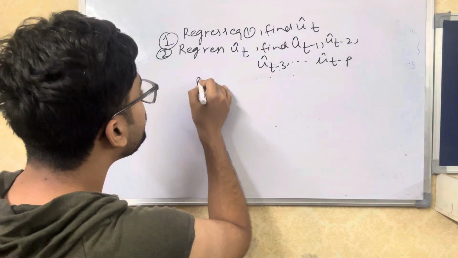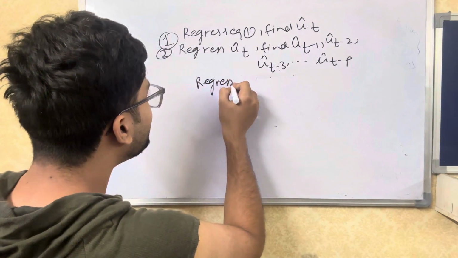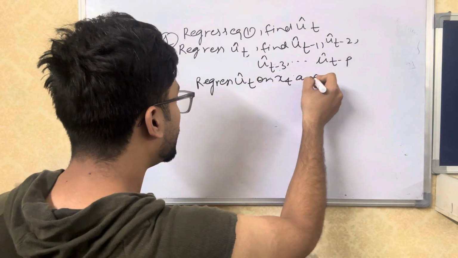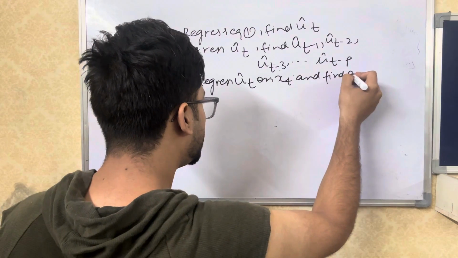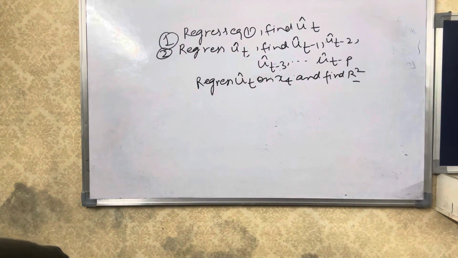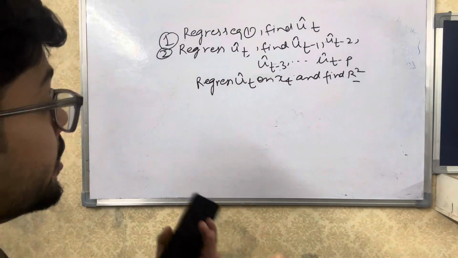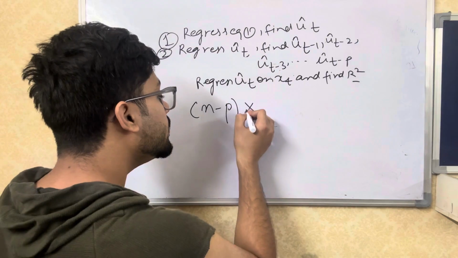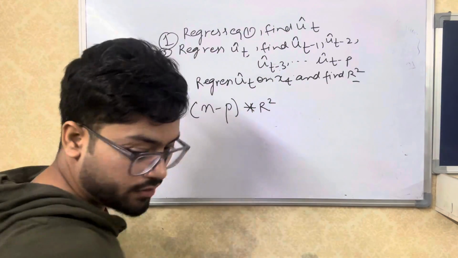Also regress mu cap t on xt and find r square. r square भी निकालना है. Now what you need to get is n minus p star r square.